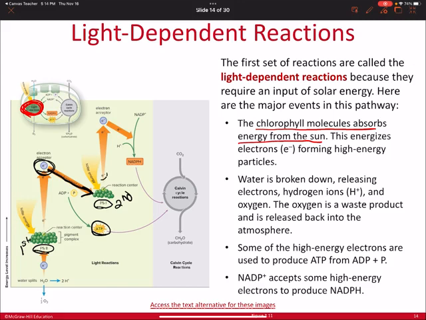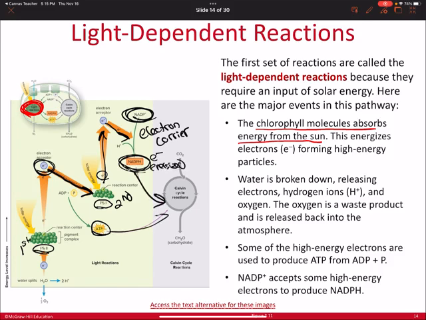But once again, these electrons get energized and they get passed on to this molecule called NADP+, which is an electron carrier. And remember, I said if you can carry electrons from one place to another, you can carry the energy of that electron. And so NADPH gets created, which is an electron that's energized, and those things end up at the Calvin cycle.